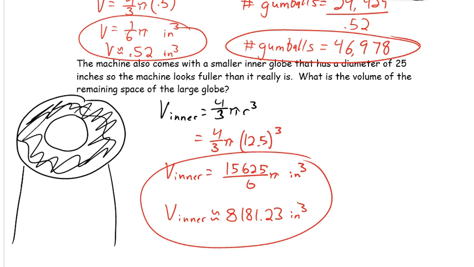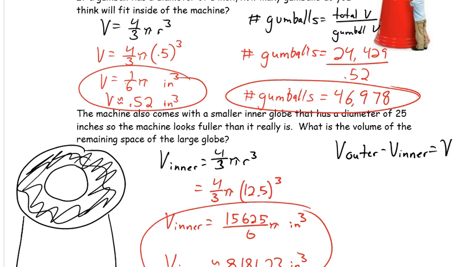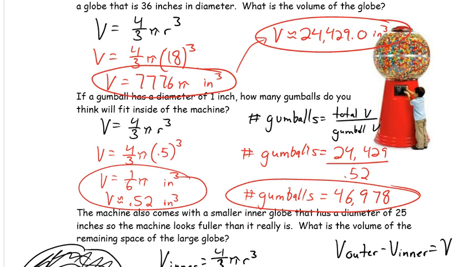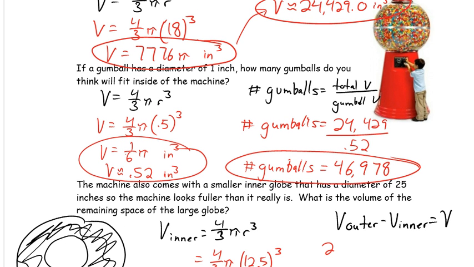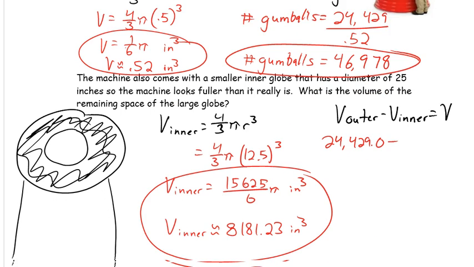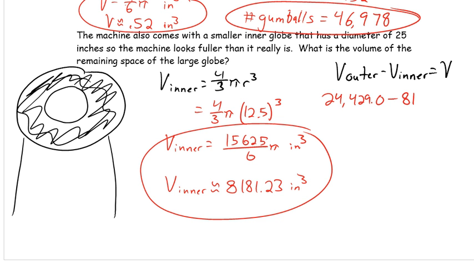So we know the volume of our outer. We know the volume of our inner. We want to find that shaded region, if you will. So you're going to take the volume of your outer, the whole thing, minus the volume of your inner to get your volume you want. So if we look back, we had a volume of 24,429.0 minus 8,181.23.